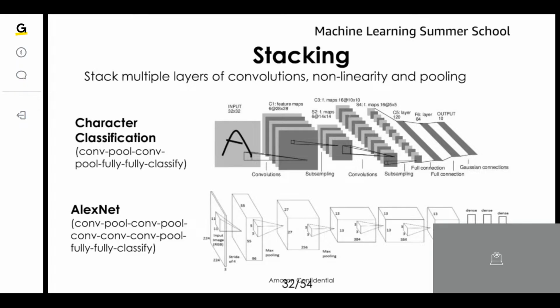And then again, another block of convolution, non-linearity, and max pooling, and another, and finally three fully connected layers. Similarly, in AlexNet, you have 5 convolutional, non-linearity, and pooling blocks, followed by 3 fully connected layers.